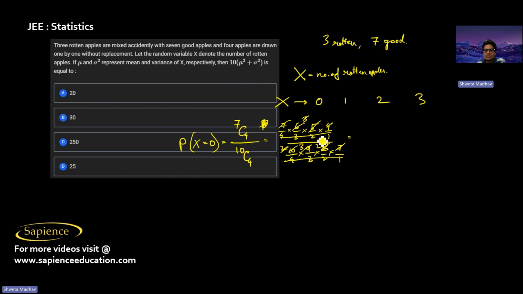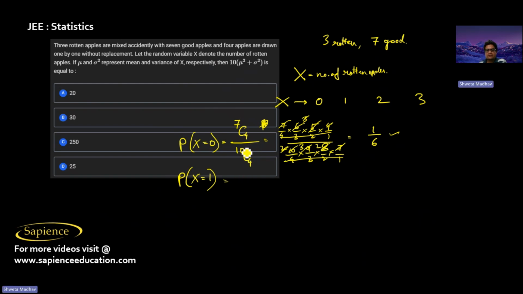This would be equal to 5 2s are 10, equal to 1 by 6. P of x equal to 0 is 1 by 6, and then P of x equal to 1.